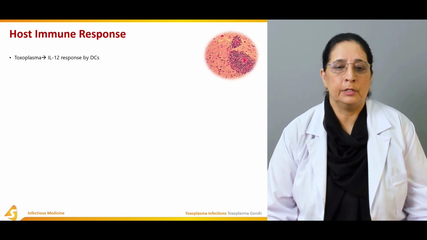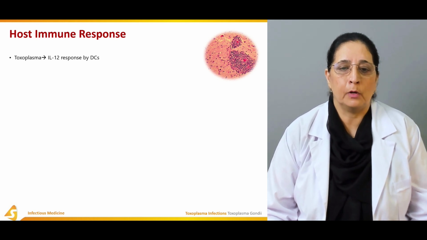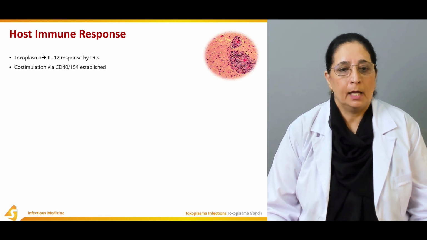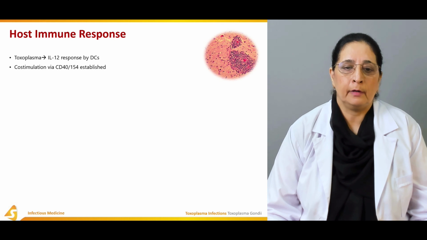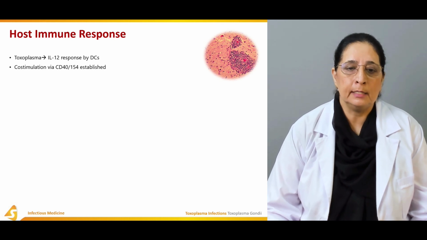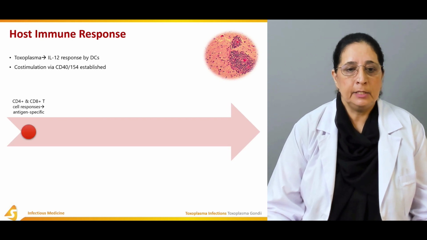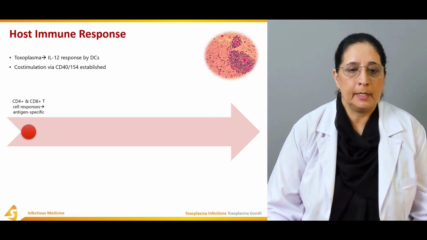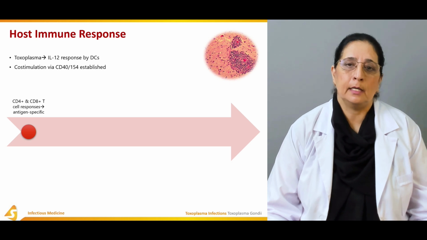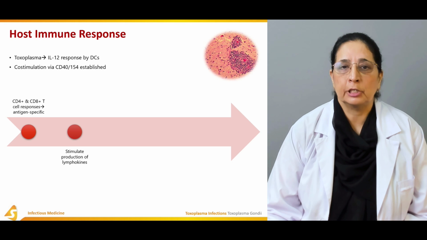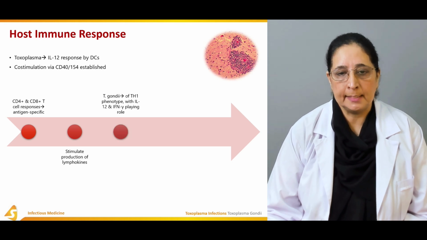Toxoplasma causes an interleukin-12 response by the dendritic cell. Co-stimulation via CD40/CD154 is established. CD4 and CD8 plus T cell responses are antigen specific and stimulate production of lymphokines.